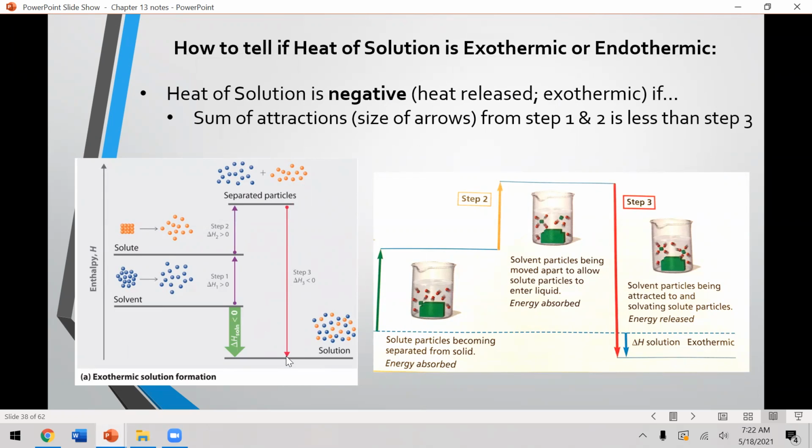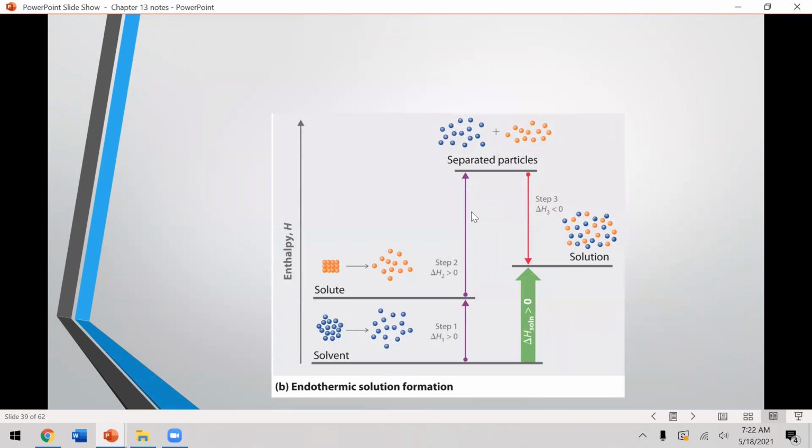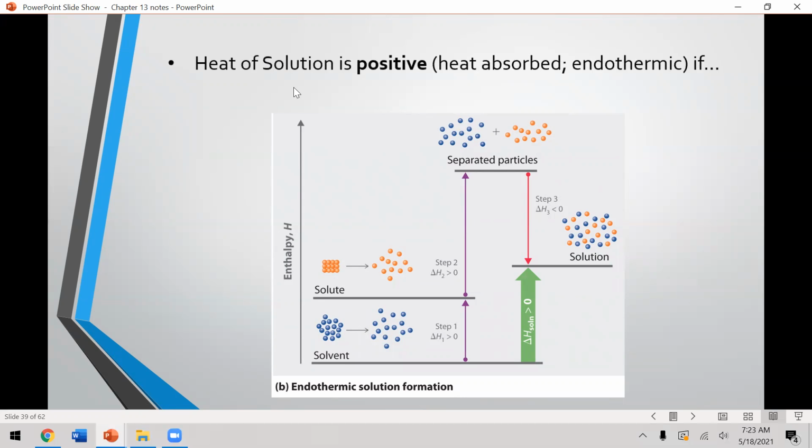You have more energy being released than taken in. Same thing here. The upward arrow is smaller than the big downward arrow, exothermic. You have heat energy being released in general. So it's like saying 10 plus negative 12 equals negative 2. Okay, so you're having something left over.